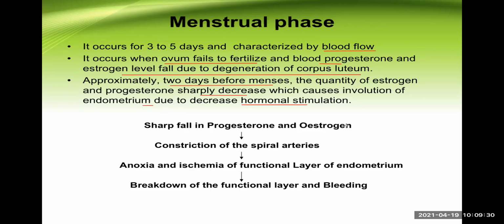And this is what happens: sharp fall in estrogen and progesterone, constriction of the spiral artery, the mechanism we have already discussed. There will be anoxia or hypoxia and ischemia of the functional layer of the endometrium, which results in necrosis and sloughing of the endometrium, leads to bleeding. The functional layer of the endometrium has different layers: spongy layer, basal layer, and those things. So they will slough off, resulting in bleeding. This is known as menstruation.